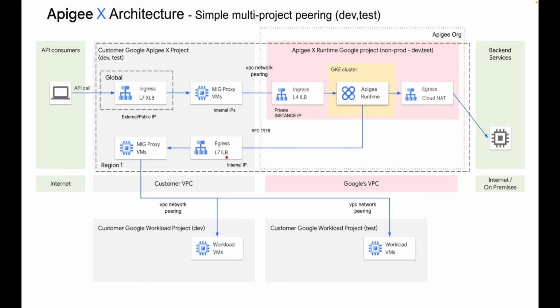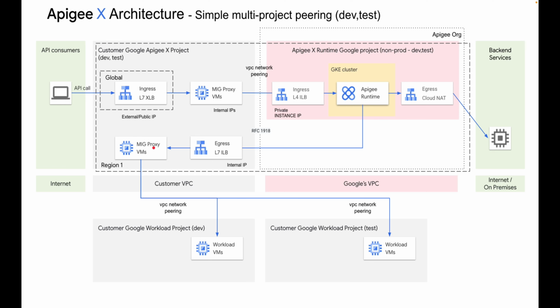I can cross a first VPC peering, but I cannot cross a second VPC peering because of this non-transitivity. I cross the first VPC peering and reach a MIG proxy VM, which again operates a termination.